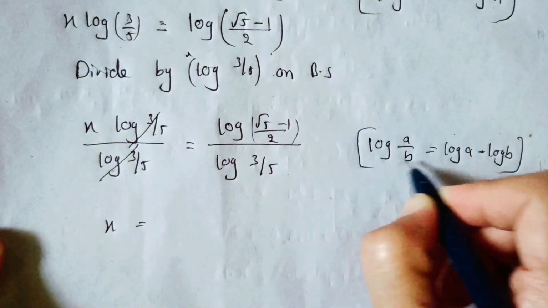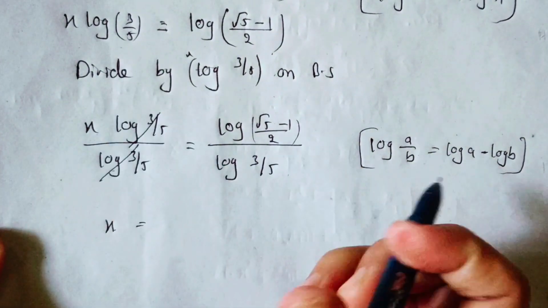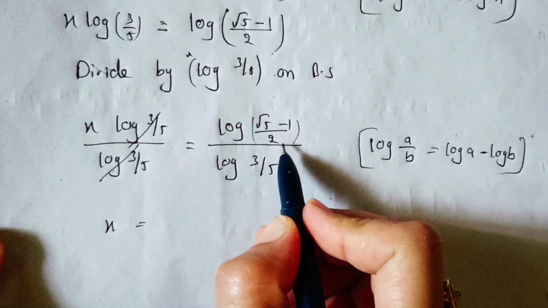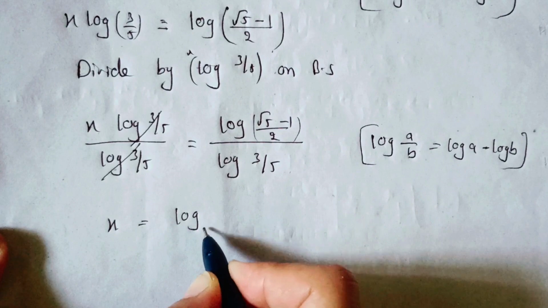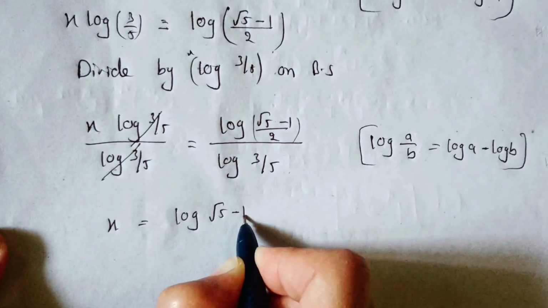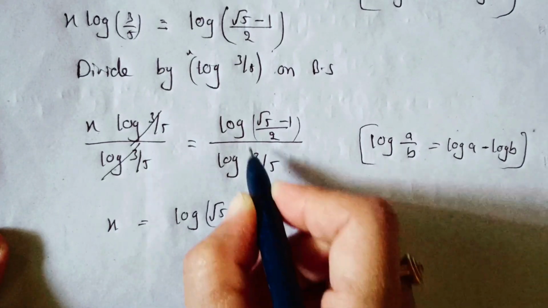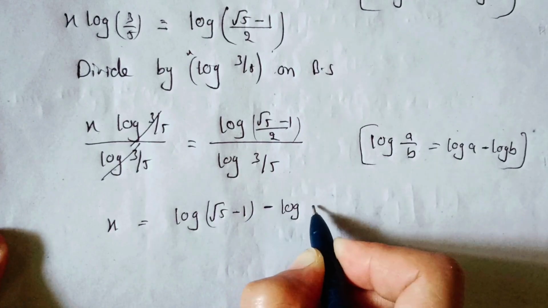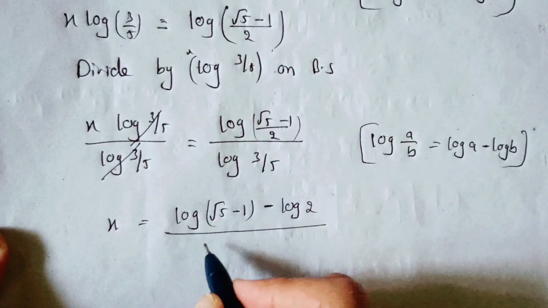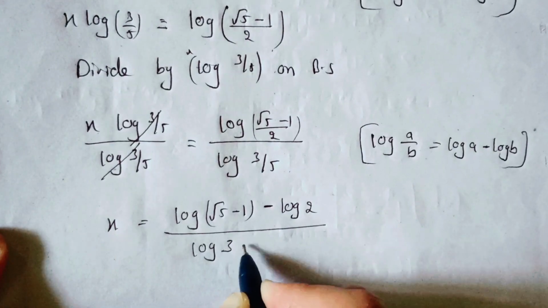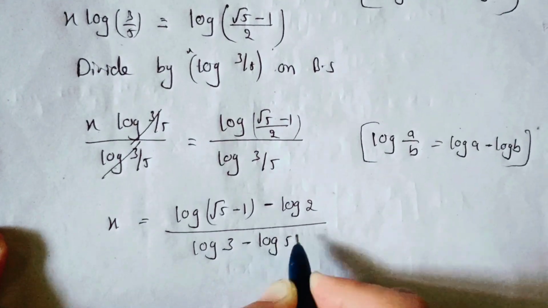According to this formula we write the numerator part as log of (root 5 minus 1) minus log of 2, divided by the denominator, which is also the same, log 3 minus log 5.